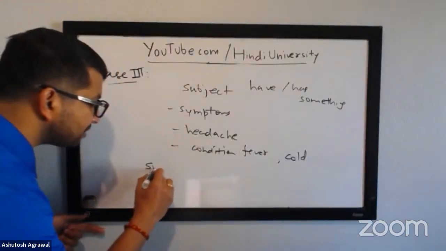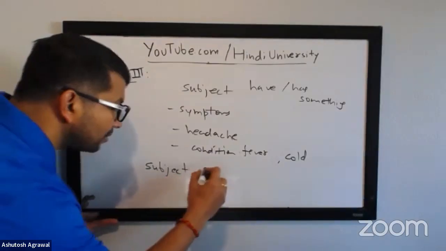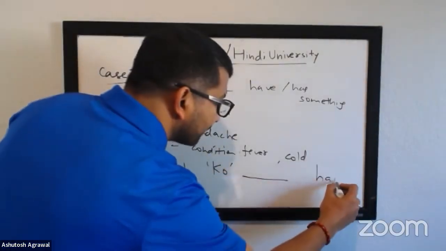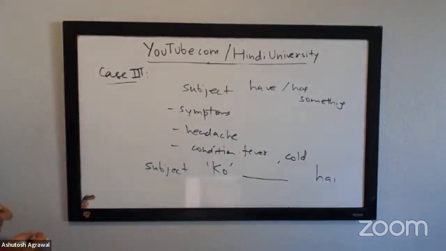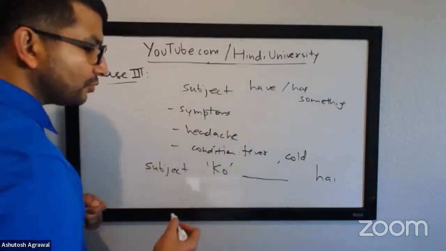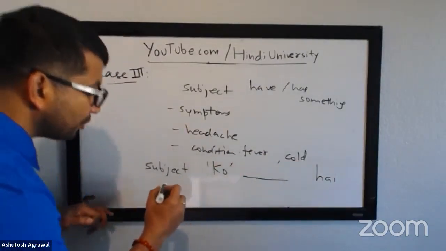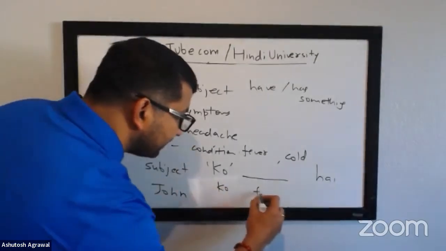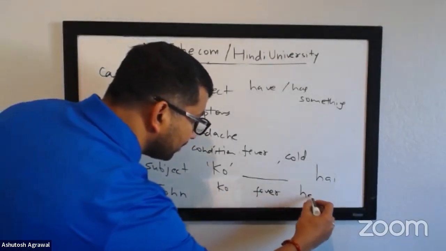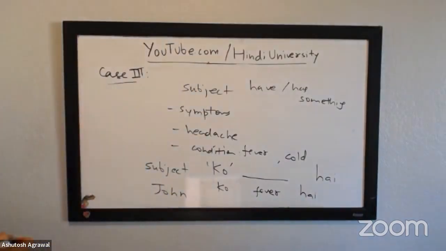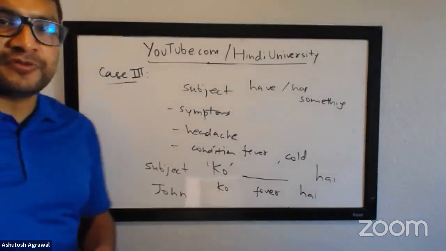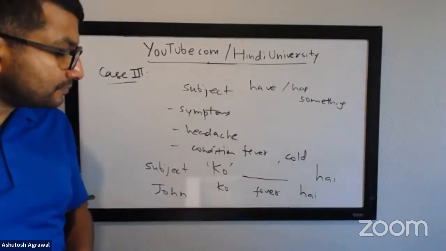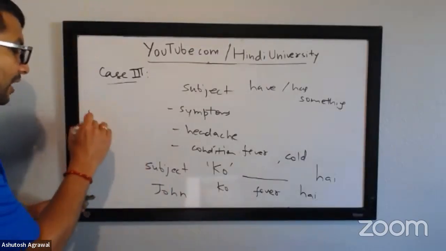The pattern is just like subject को this condition है. Okay, subject को and then whatever condition you want to talk about है. You can say John को fever है. Okay, which means John has fever. Or you can say John को, fever in Hindi is बुखार.